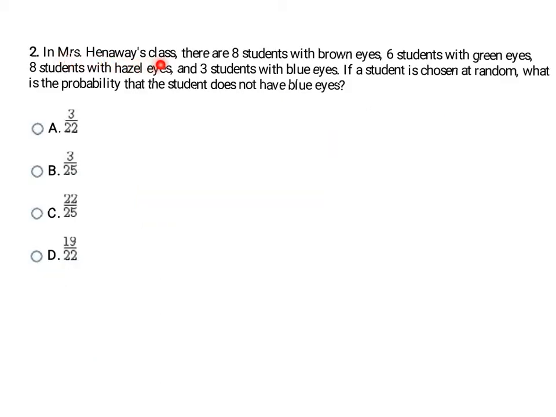In Mrs. Henway's class, there are 8 students with brown eyes, 6 students with green eyes, 8 students with hazel eyes, and 3 students with blue eyes. If a student is chosen at random, what is the probability that the student does not have blue eyes? So that means you're going to have the number of not blue over the total students.